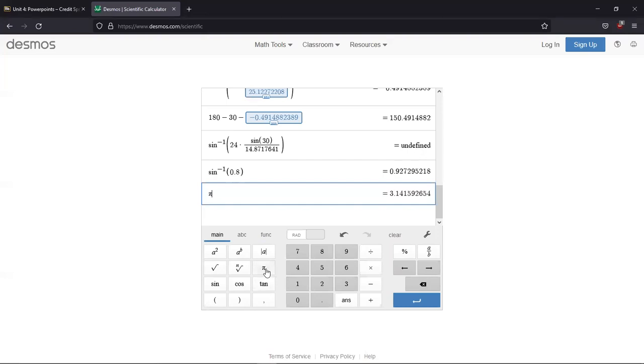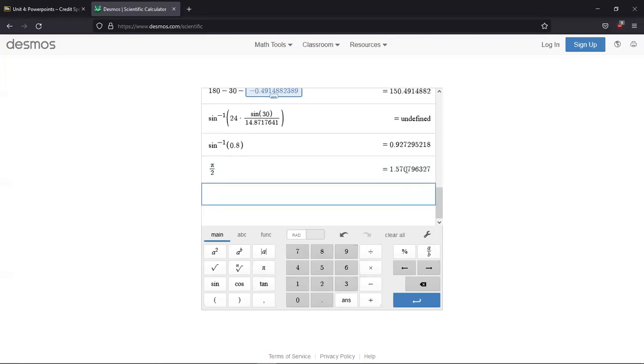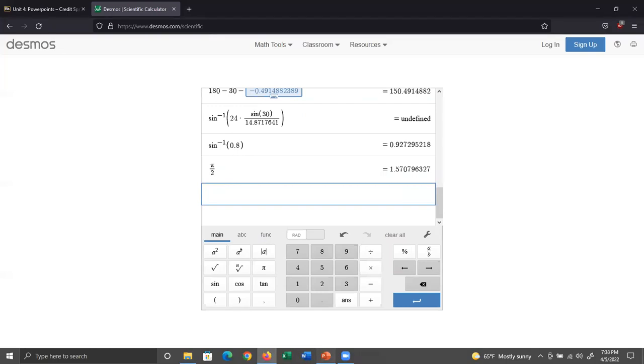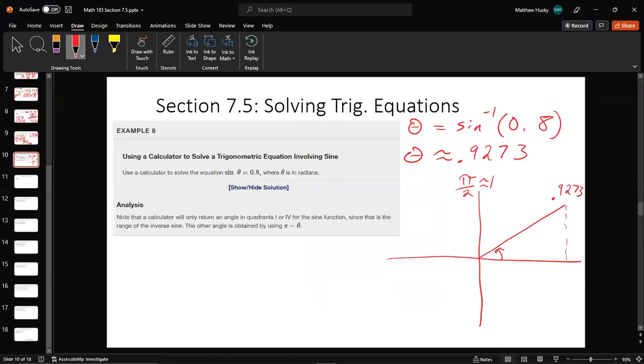Let's see, pi divided by 2, it's about 1.57 roughly. So over here somewhere is the second solution that gives us 0.8 for the y value. So we have another one over here where it's 0.8.